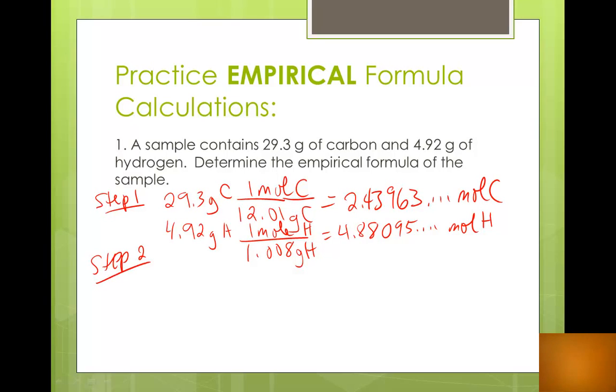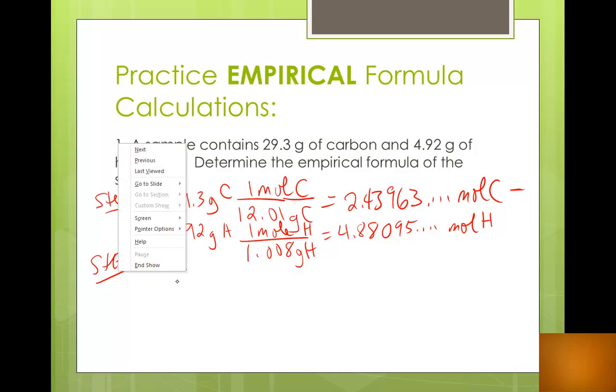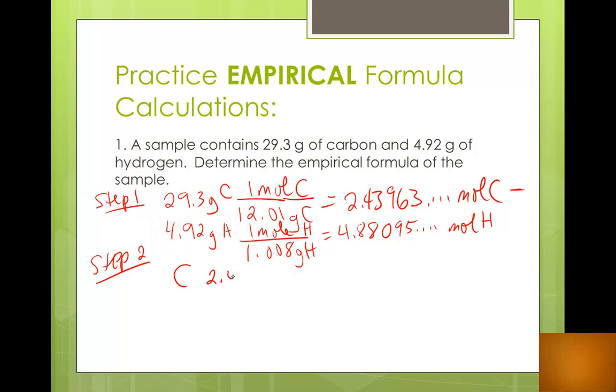Here, I need to determine the mole ratios present in the compound. In other words, I will divide by the smaller mole number. If we look, carbon is my smaller number. So I have 2.43963, and the number continues, divided by itself, and I get 1.